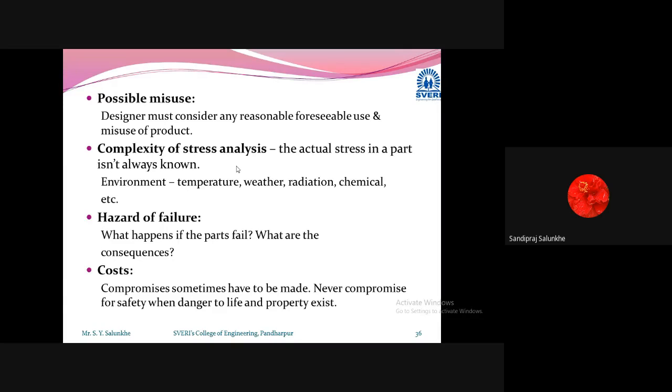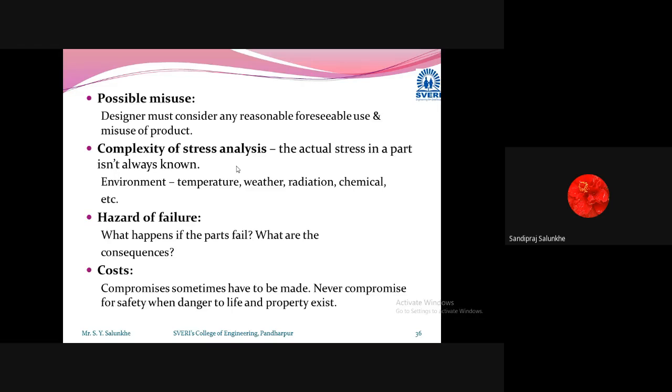For example, at the time of accident, we do not know which stress will occur where, because it is an accident. From which side the impact may come, or which type of stresses may be induced, we are not able to judge. And it becomes more complicated to analyze the stress.